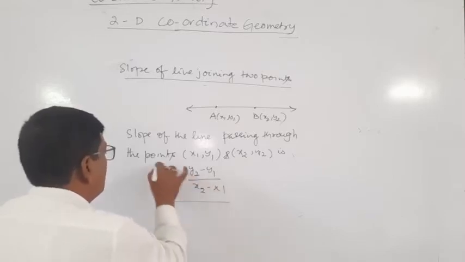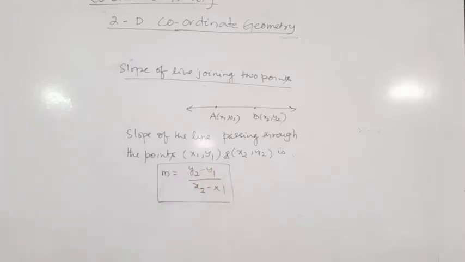This is the slope of the line passing through 2 points.